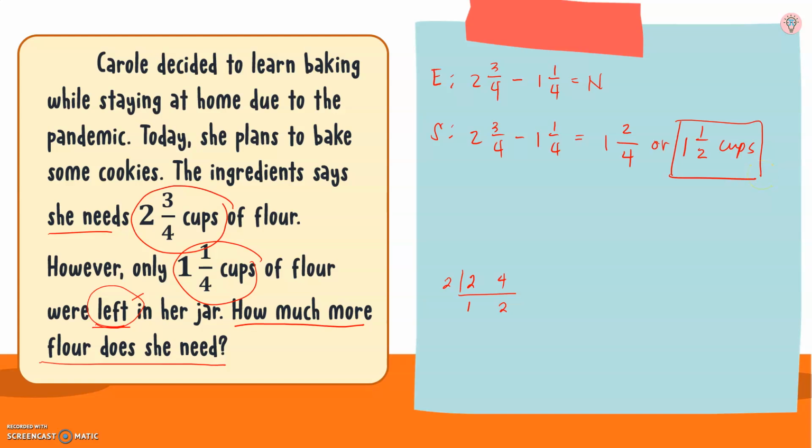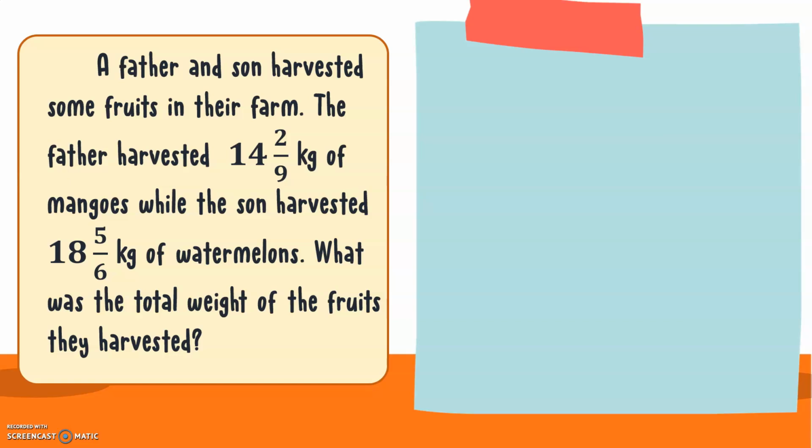Now let's have our second example. A father and son harvested some fruits in their farm. The father harvested 14 2/9 kilograms of mangoes, while the son harvested 18 5/6 kilograms of watermelons. What was the total weight of the fruits they harvested?